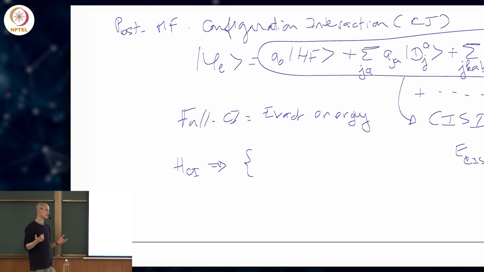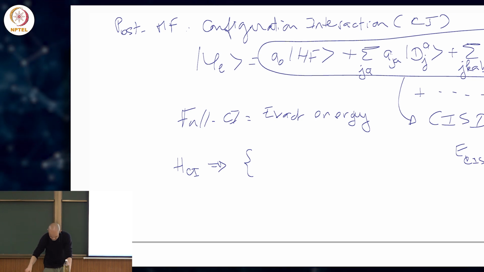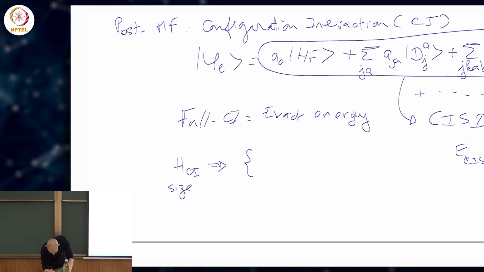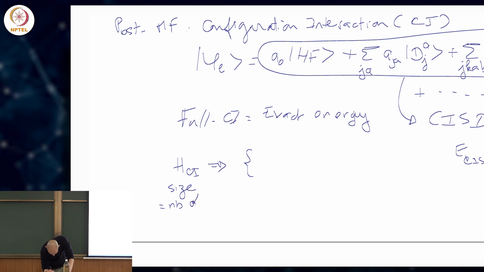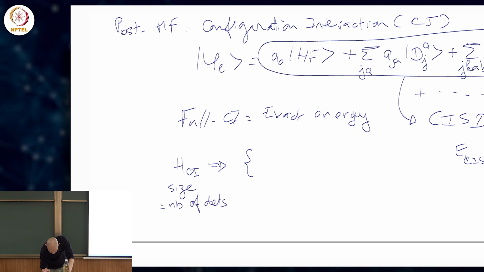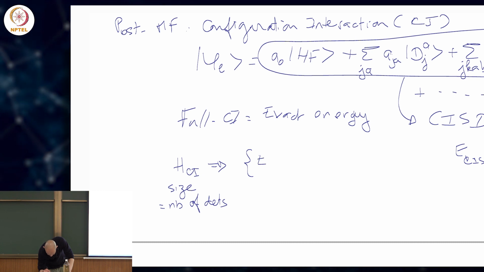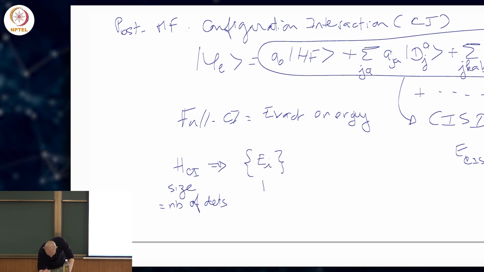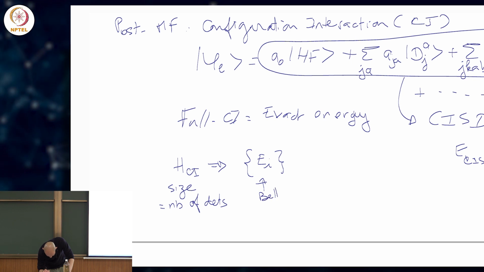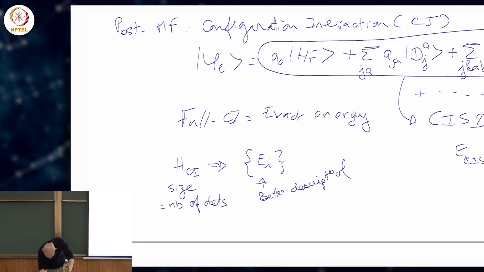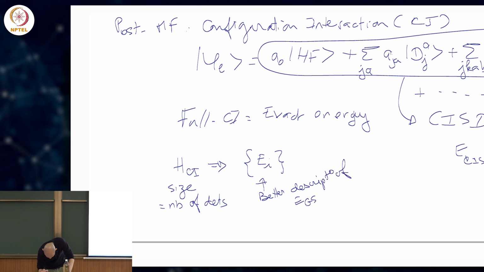And you get excited state energies, basically. So the size here equals the number of determinants that you have included. It depends on your basis set, but what you get then is the energy. So you get a better description of the ground state energy plus excited states.